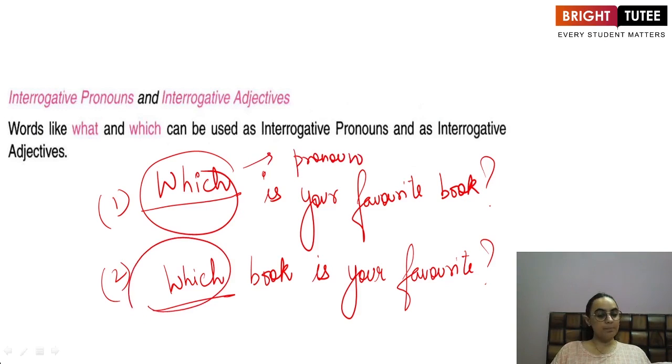While in the second place, my word which is used with a noun to modify it, to talk about it better, and therefore it is an adjective. Clear? So we can use what and which as both interrogative pronouns as well as interrogative adjectives.